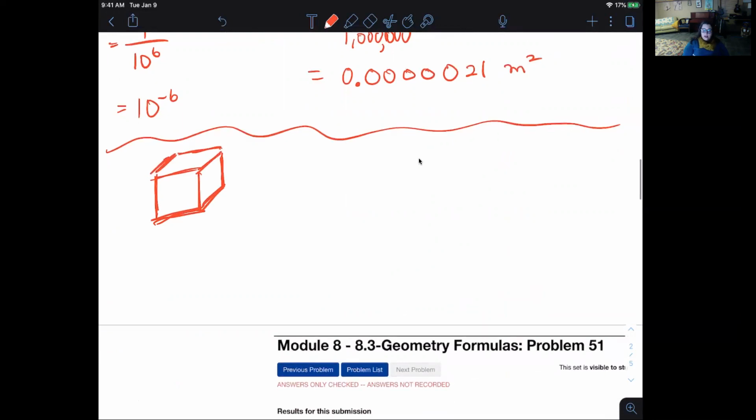If you had something that's a cubic shape, three-dimensional, that was 1 yard by 1 yard by 1 yard, the volume there would be 1 times 1 times 1, or 1 yard cubed. Well, 1 cubed is 1. So 1 cubic yard is that volume.